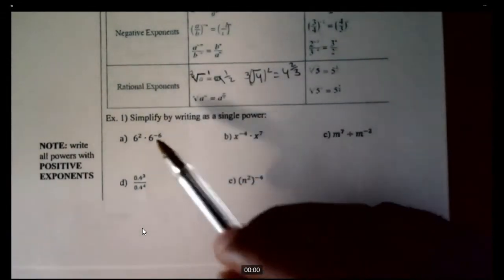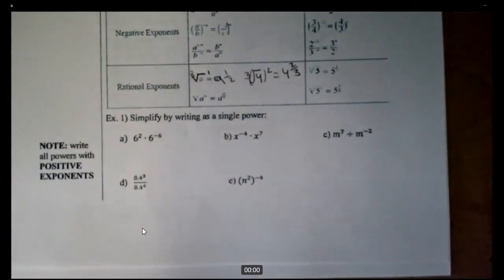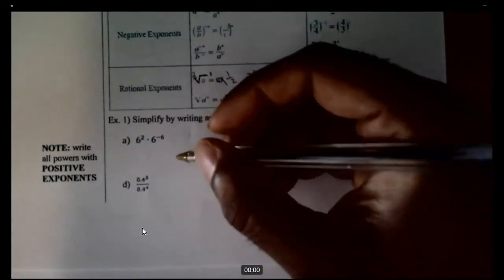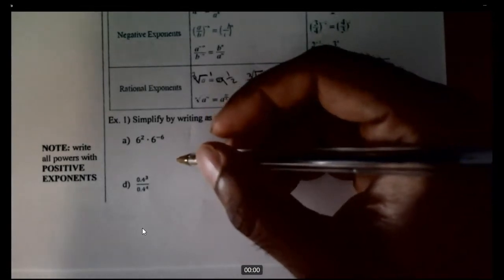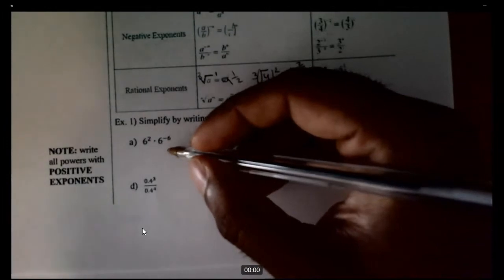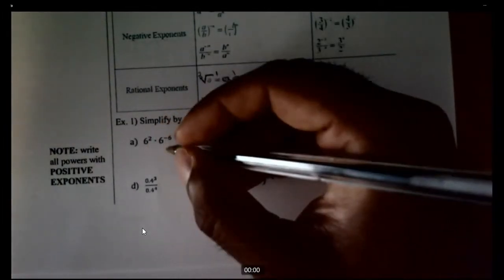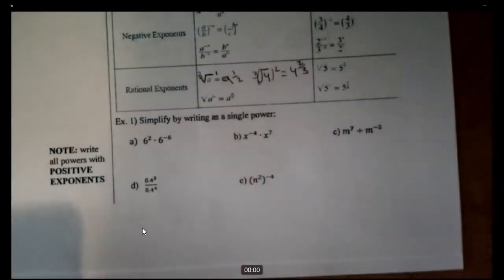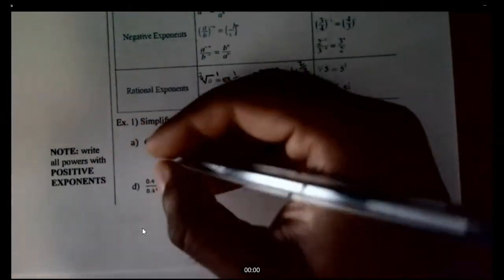Okay, let's go over this pretty quick here. Simplify writing as a single power. It doesn't seem like anything's new here. We went over these as well, but we'll do it again. So 6 to the power of 2 and 6 to the power of negative 6. What you're going to do here is just add them, right? They're multiplying, so you can add the exponents.